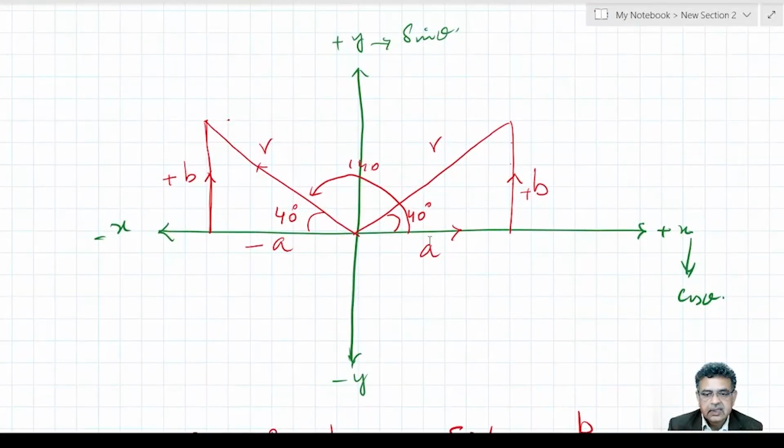And if we consider the angle 140 degrees on this side, as the direction is changed, A was on this side, now A on this side is opposite, so this is negative.